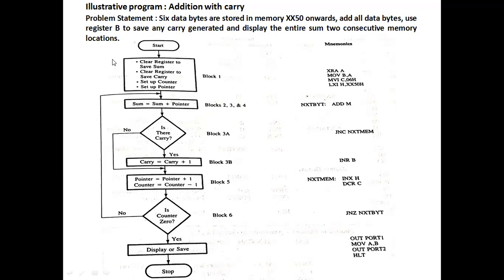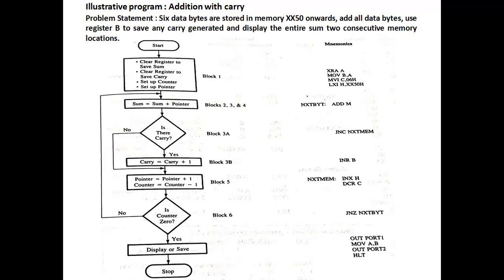So let us first discuss the flowchart. We'll start, and we will clear the register to save the sum. For storing the sum we will be using the accumulator. It has to be cleared, because before you execute your program, there is a possibility that the accumulator will have something.